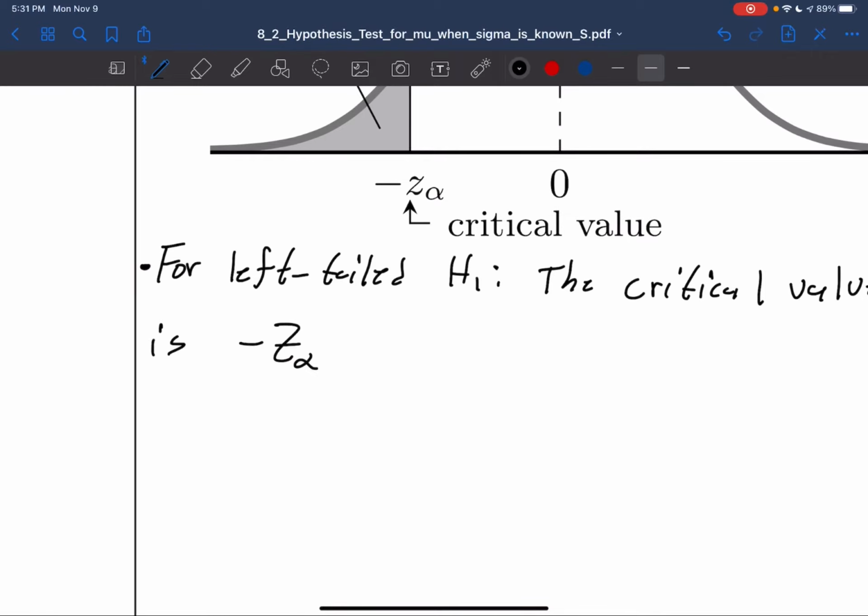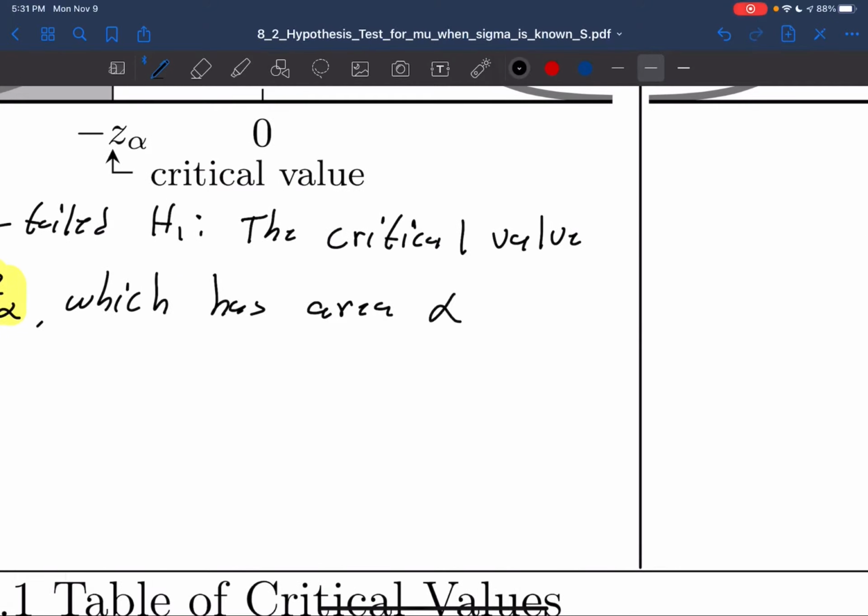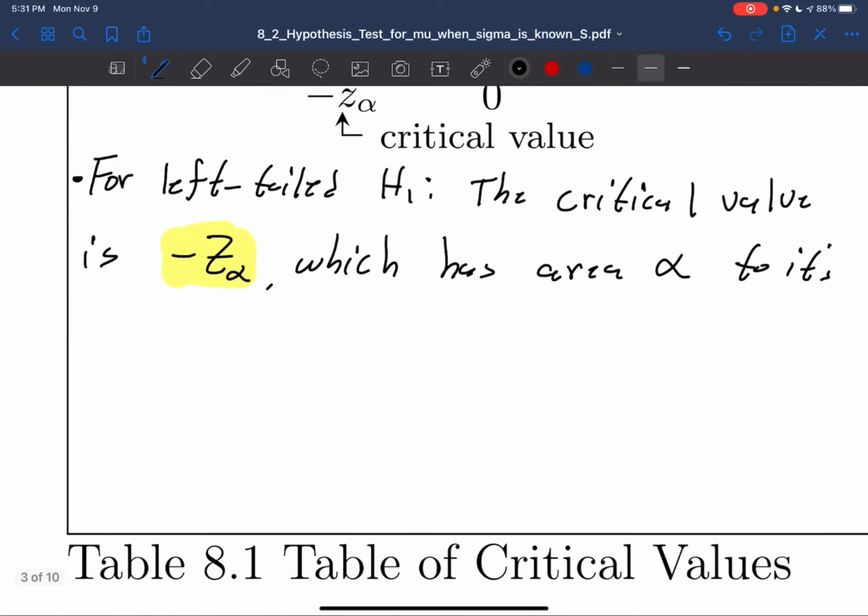So this is going to be our critical value, which has area alpha, whatever alpha is, to its left.